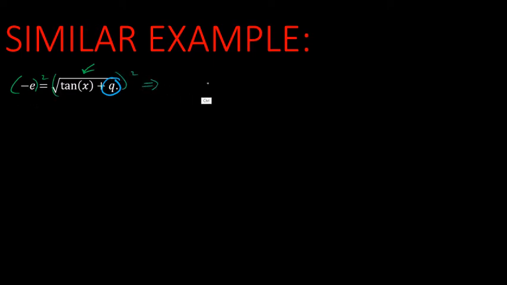So a negative e times negative e would give me a positive e squared, right? Equals, and then that radical symbol squared just disappears. So I get tangent of x plus q. And now this tangent of x is in my way, so I am going to subtract it from both sides of the equation.